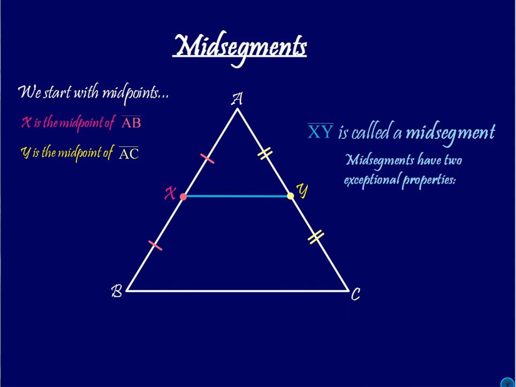Midsegments themselves have two extremely exceptional properties, and these absolutely need to go in your notes. First of all, that midsegment is parallel to the third side. In other words, it's parallel to the side it doesn't touch, right? XY is parallel to BC.